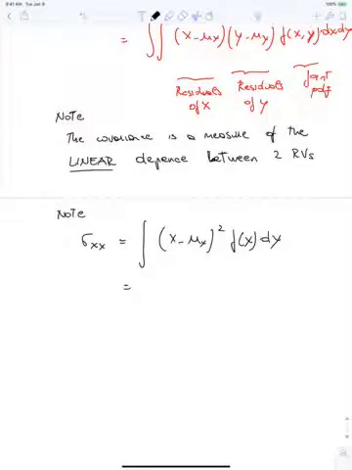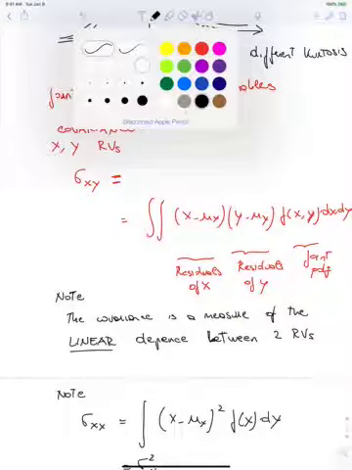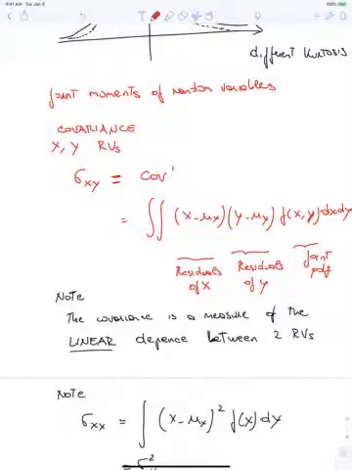So this is equal to the variance. And the same for y. This one here sometimes is also written as covariance of x and y.